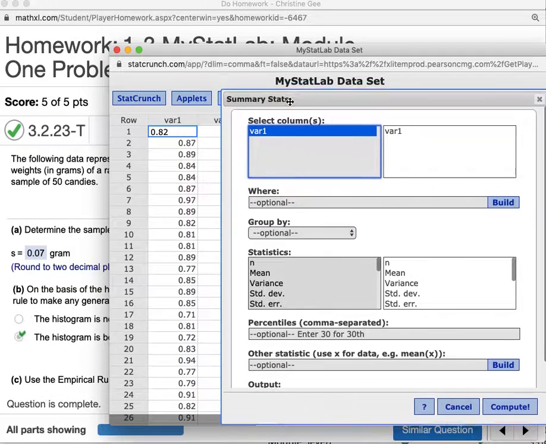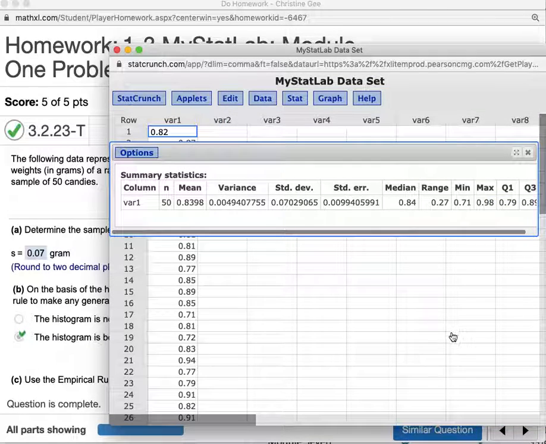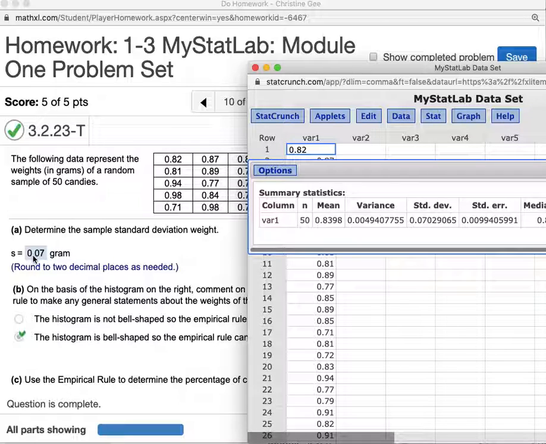You'll notice it's marked var1, so that's what we want. Here we have standard deviation in this list, so I'll just compute it as is. There are some other things as well. So standard deviation is 0.07, and that's what I put for the answer, 0.07 grams.